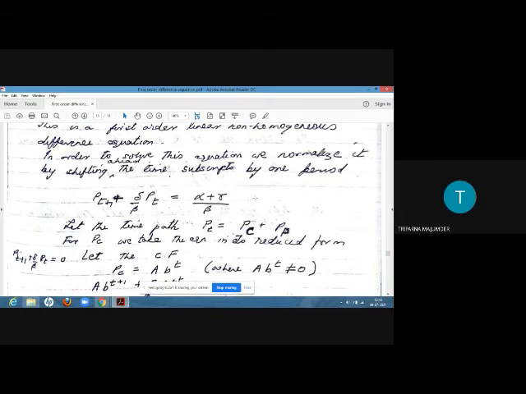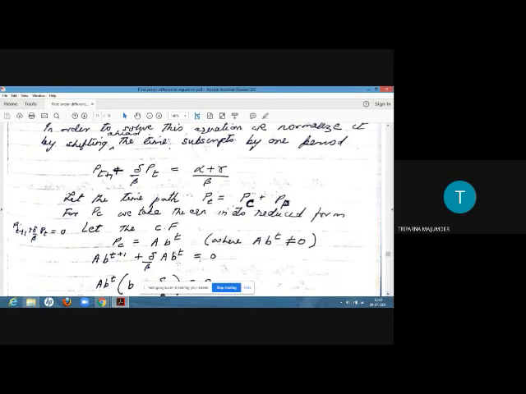Then we start solving the equation and say that let the time path be P_t equal to P_c, the complementary function, and P_p, the particular integral. For the complementary function P_c, we take the equation in its reduced form. So we take P_{t+1} plus delta by beta P_t is equal to 0.